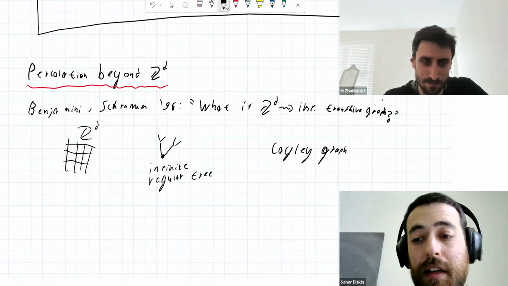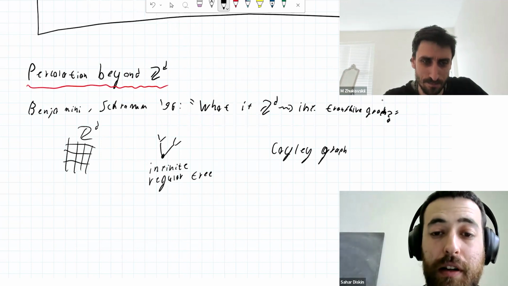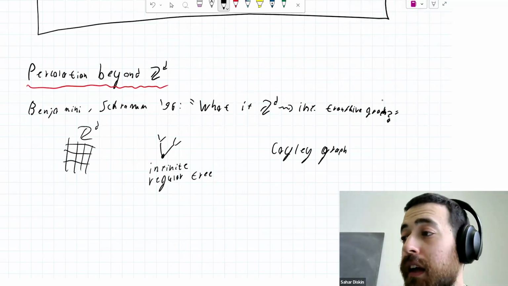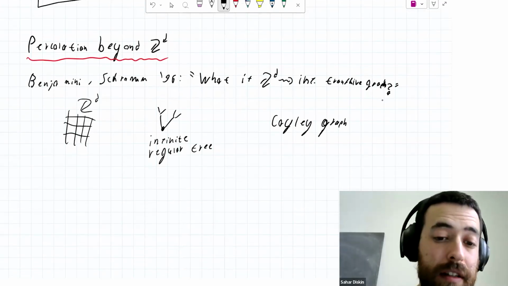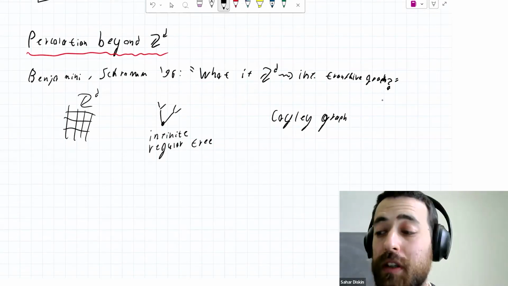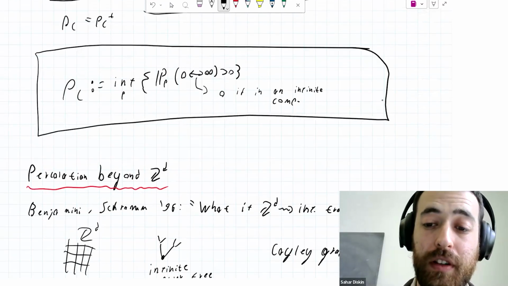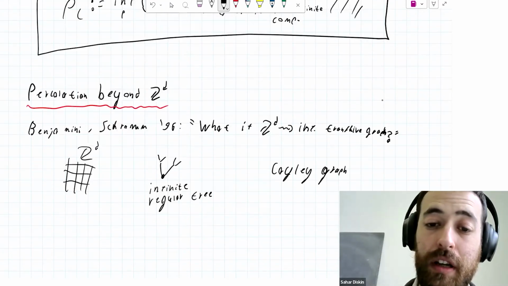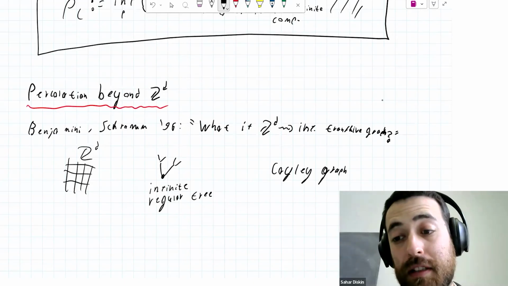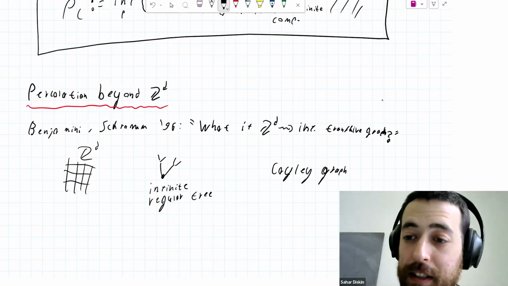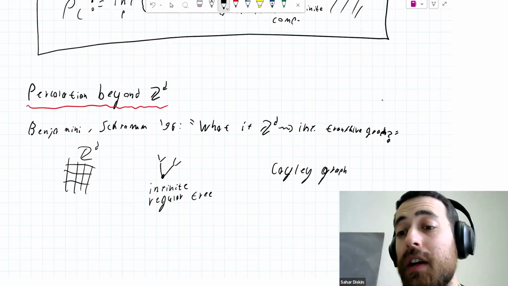Okay, so this is a much, much richer family of graphs, as you can see here. And it's still true here that you have this critical probability PC. It's not hard to show that this definition of PC also works here. Sometimes it could be perhaps that PC is just 1. It's easy to show it's bounded away from 0.